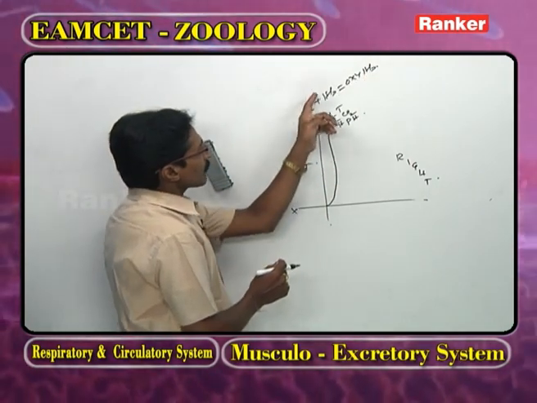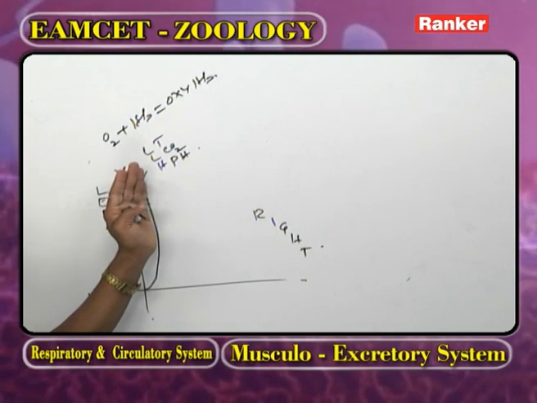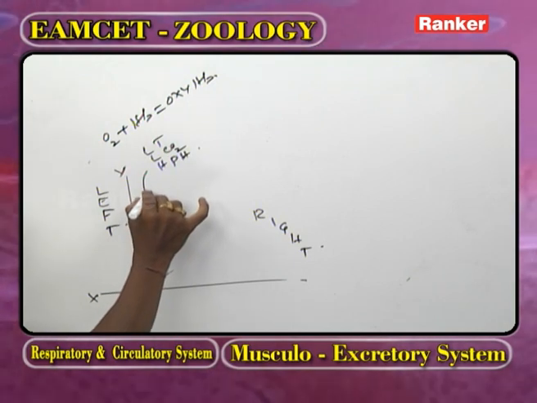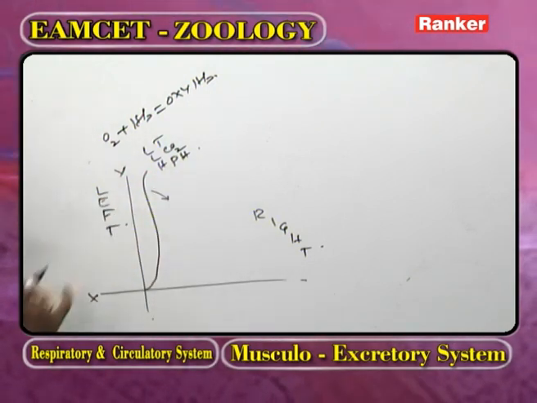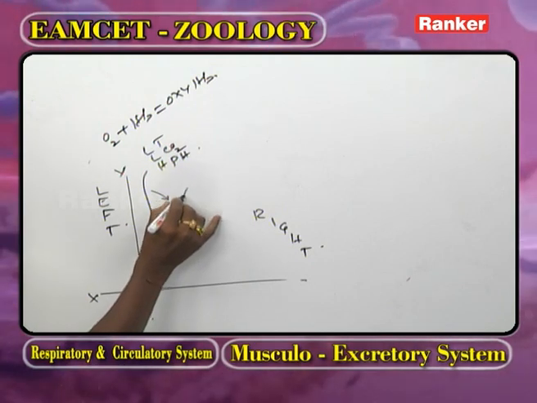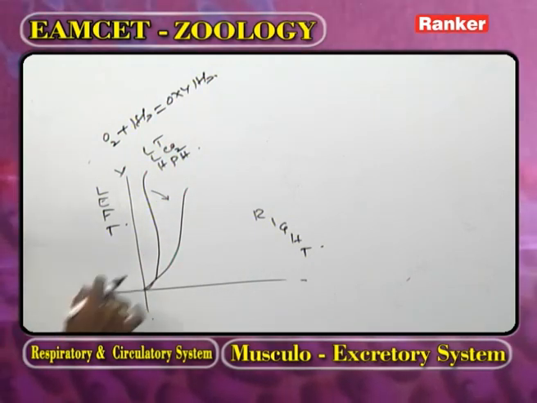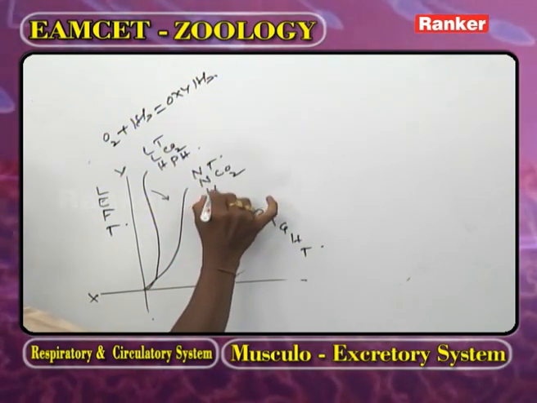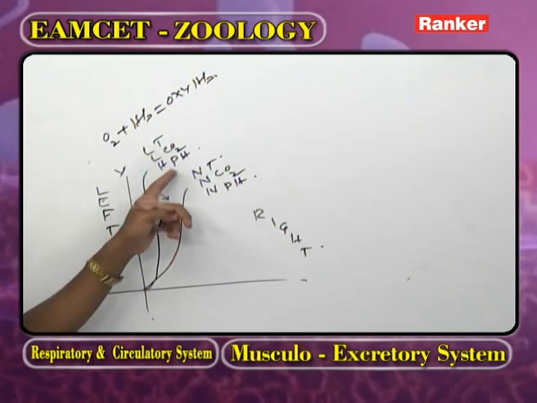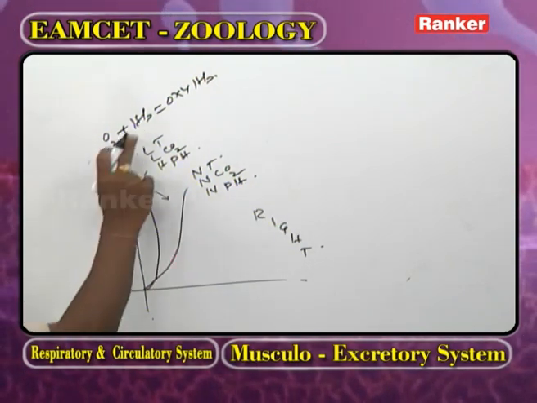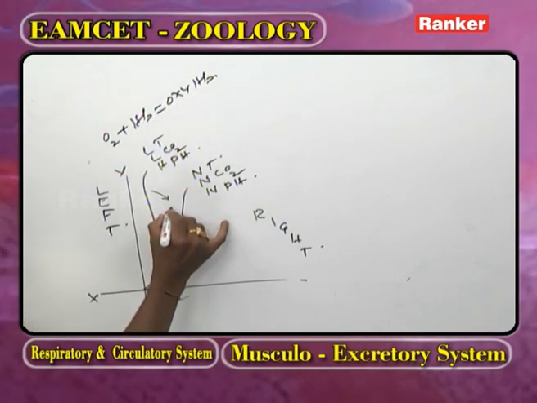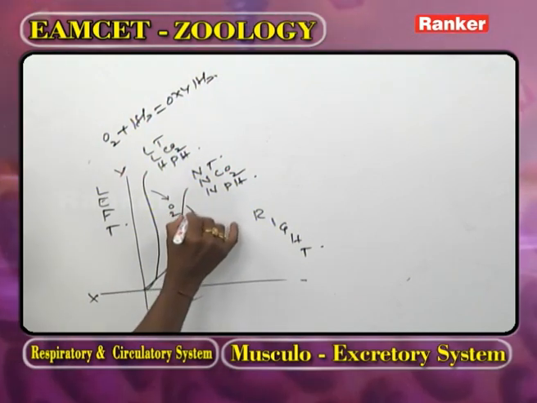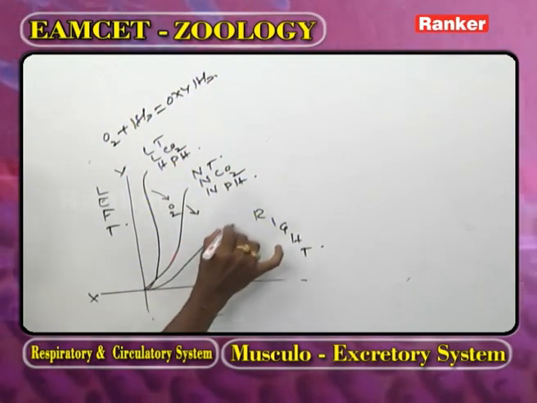So whenever more oxyhemoglobin is present, the curve is towards the left side. Now slowly the curve shifts towards the right side. What are the conditions? The normal temperature, normal carbon dioxide, normal pH. Whenever these conditions are present, slowly from the oxyhemoglobin, what is going to release? Oxygen.